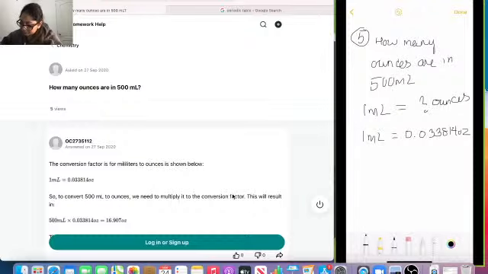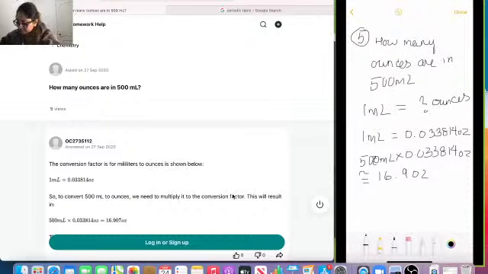And so to convert, you can imagine that 500 ml is equal to 500 ml. To get ounces, we're just going to multiply 500 ml times 0.033814 ounces, and what we get here is approximately 16.9 ounces.